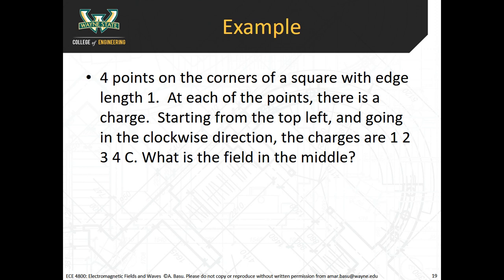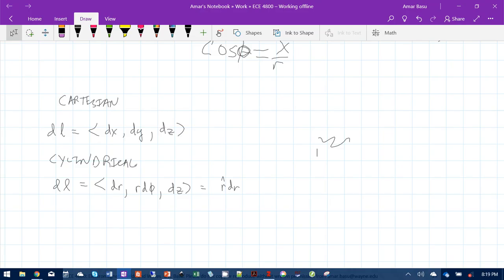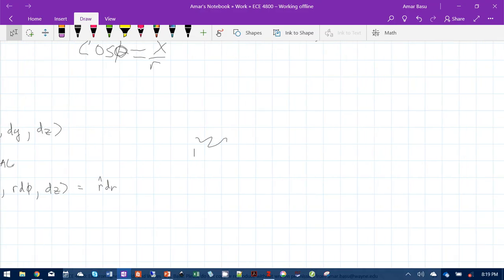If we were to draw that out, imagine you have 4 points around the corners of a square with 1, 2, 3, and 4 coulombs of charge, and you're asked to find the electric field at the point in the middle of the square.